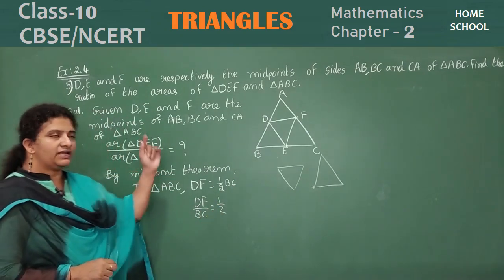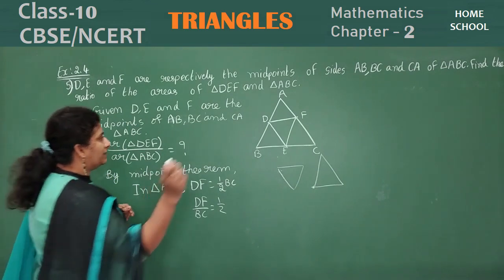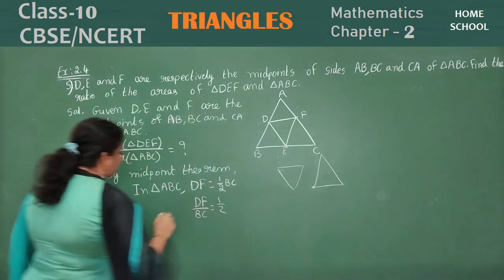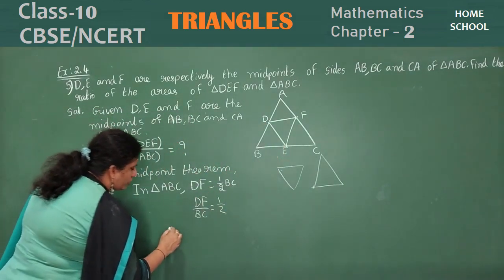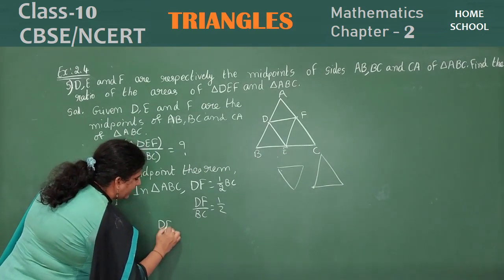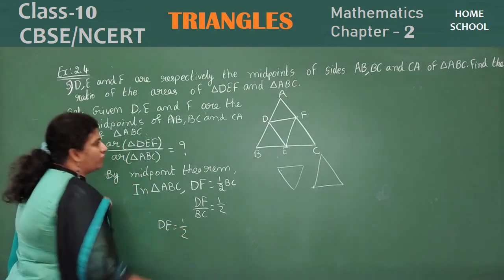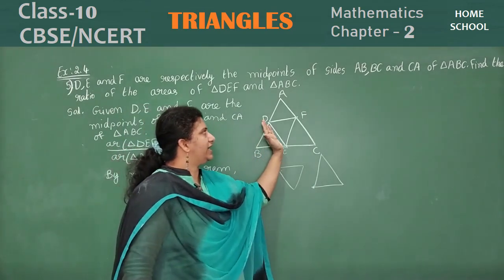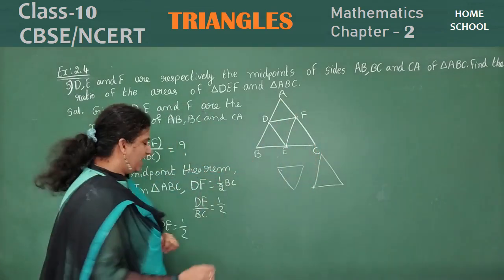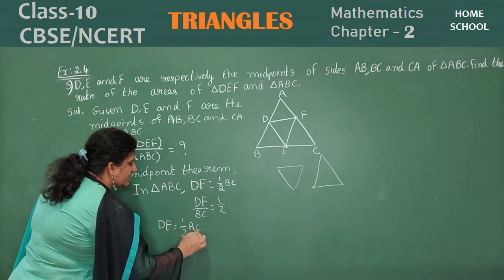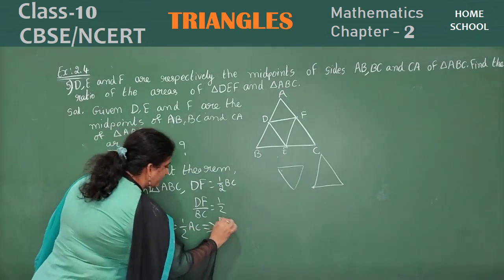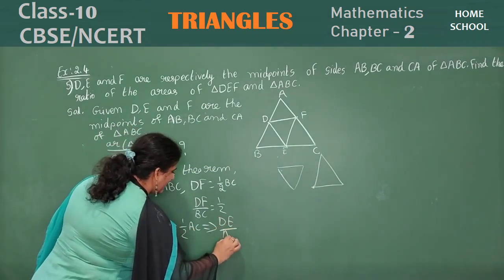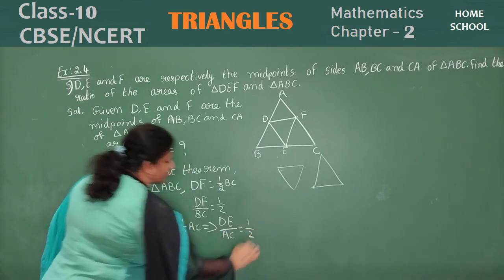Okay. Similarly, consider other ratios here. That is DE. In the same manner I am going to consider here. DE is equal to half of, observe and say children, DE is half of AC. Now this AC, bring this side. It will be DE by AC is equal to half.